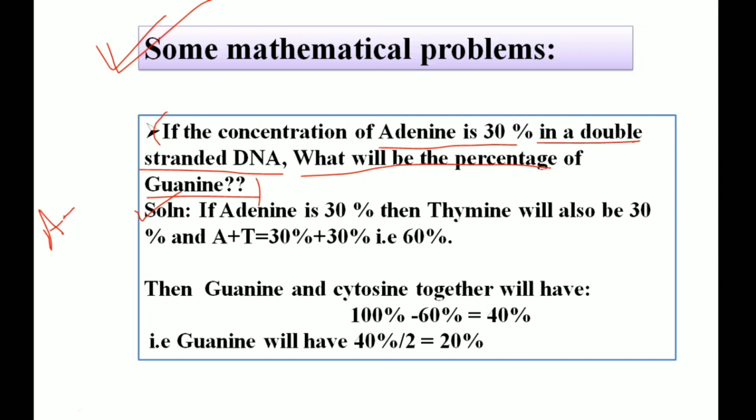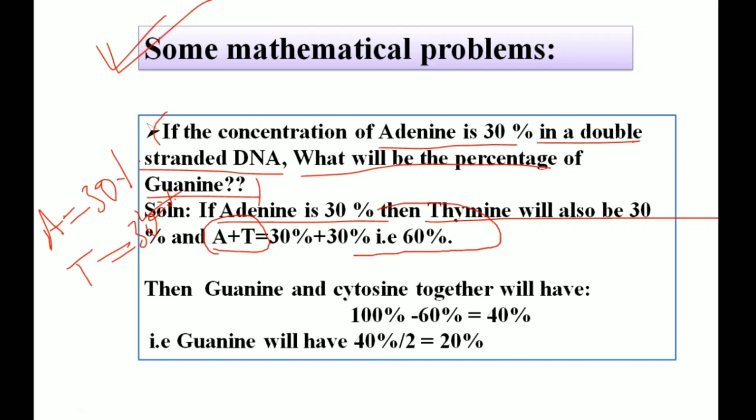Adenine is equal to 30%, and we know that A is equal to T. That means thymine will also be 30%, right? Together, if we add adenine and thymine, that means 30 plus 30, that is 60%.